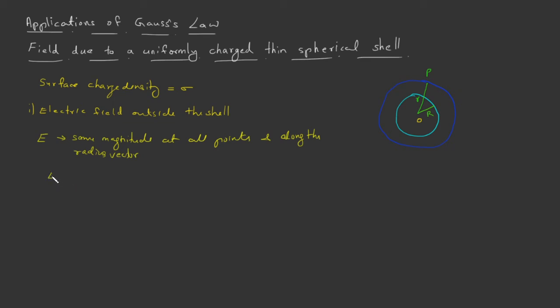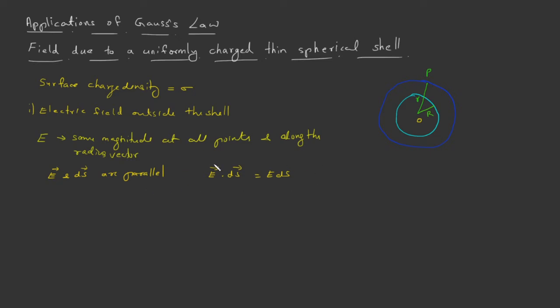So we can say E and ds are parallel. Therefore, E dot ds is equal to E ds.